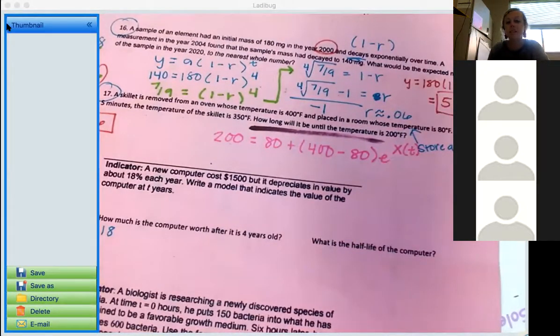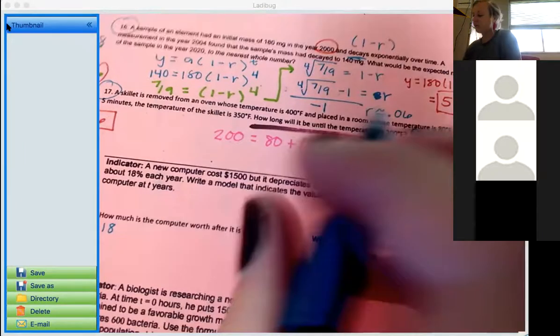So you're going to solve this the exact same way. So the first thing I need to do is what? Come on, children. What do we do first? We're solving. Subtract 80. There we go. Subtract the 80.